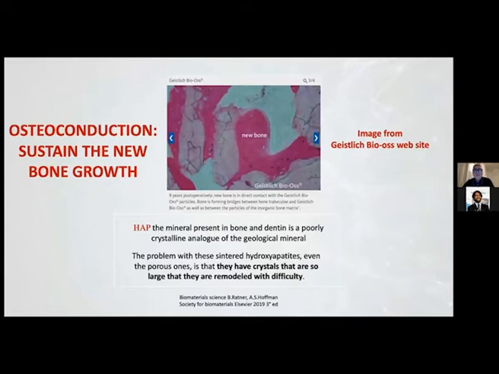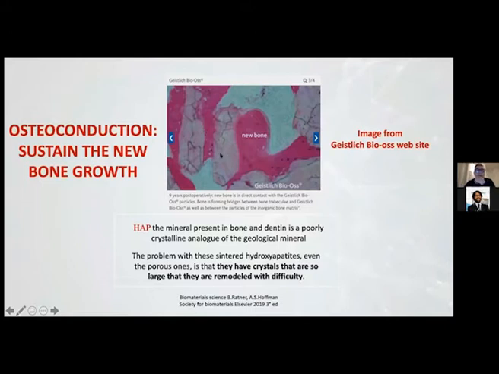For example, in this image from Geistlich's website, it's possible to see, after 9 years, the granules from xenograft material completely surrounded by bone.